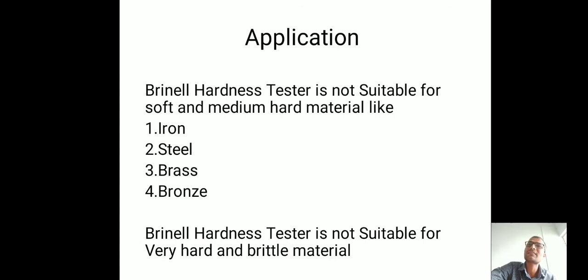In that case, we have to use the ball indenter. Likewise, soft and medium hard materials are there in nature whose hardness we can measure with the help of the Brinell hardness tester.